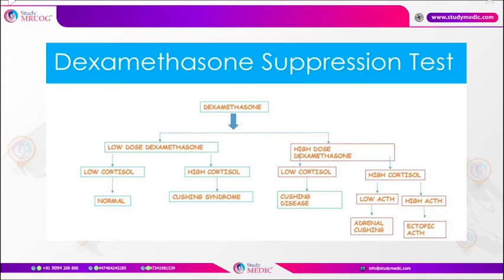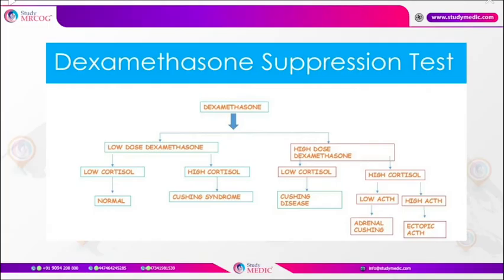In Cushing syndrome, a very important diagnostic modality that helps us is the dexamethasone suppression test. Let's understand the basics behind it and then move ahead. There are low-dose dexamethasone and high-dose dexamethasone tests, with low dose using 0.5 and high dose using 2 milligrams. In low-dose dexamethasone, if low cortisol is noted, that is considered normal.